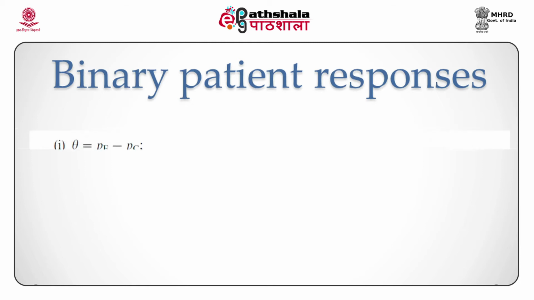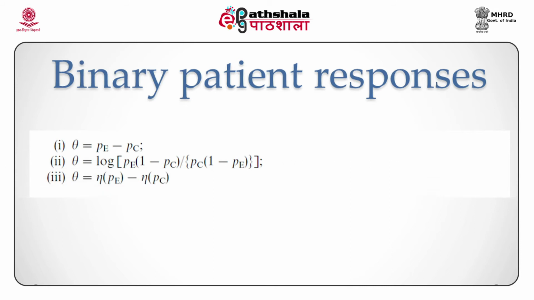So, we could have theta equal to PE minus PC, theta equal to log of PE into 1 minus PC by PC into 1 minus PE, that is the log odds ratio, or theta equal to eta(PE) minus eta(PC), where the function eta(P) is given by eta(P) equal to integral 0 to P dt over t into (1 minus t) to the power 2/3.